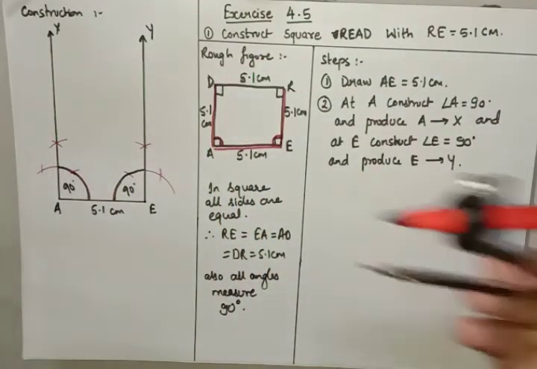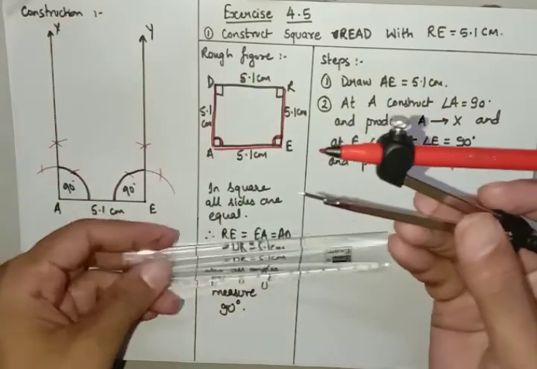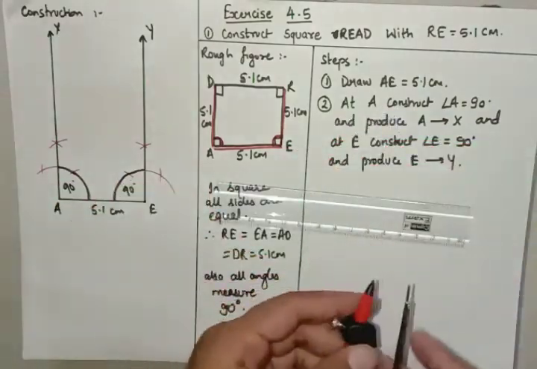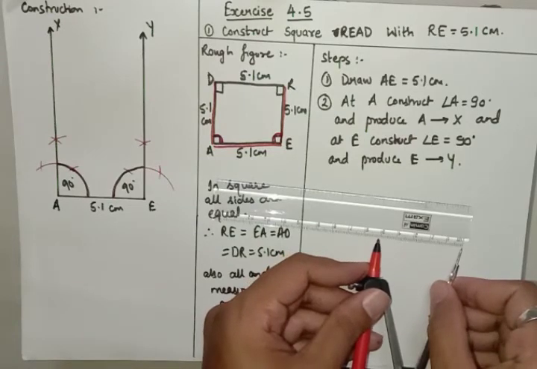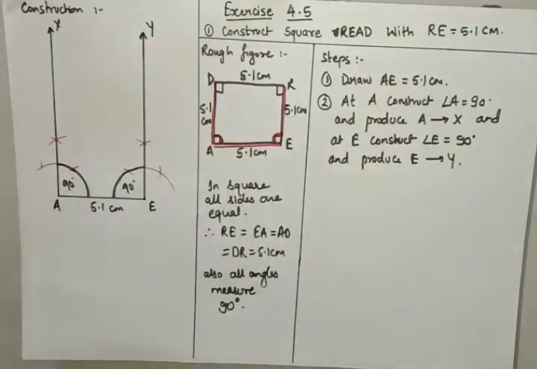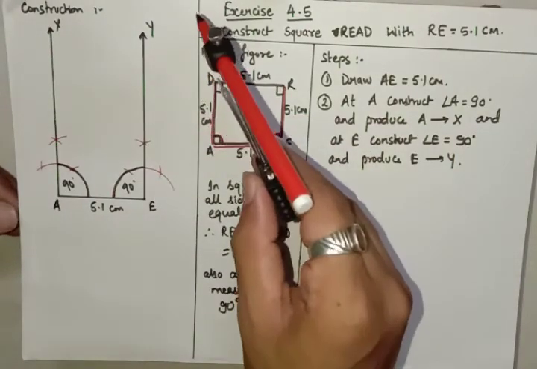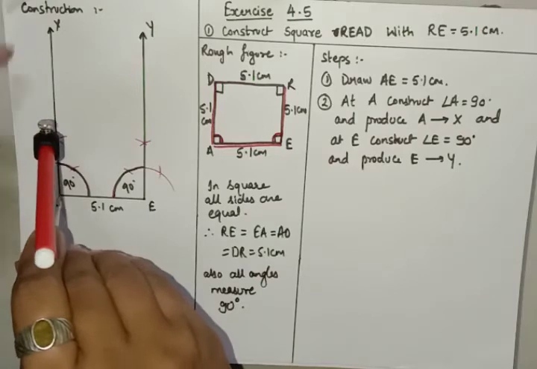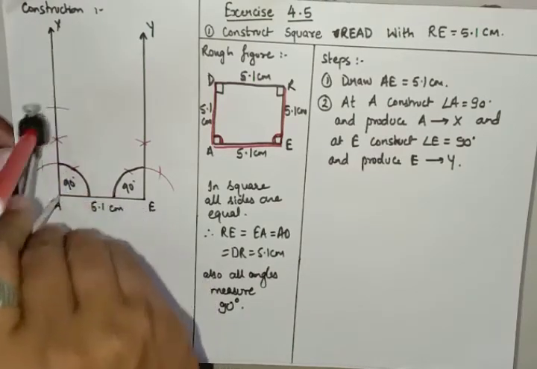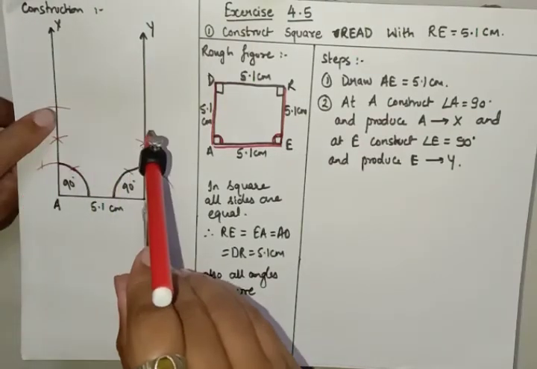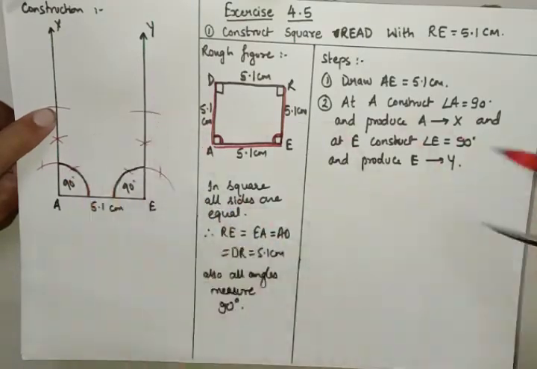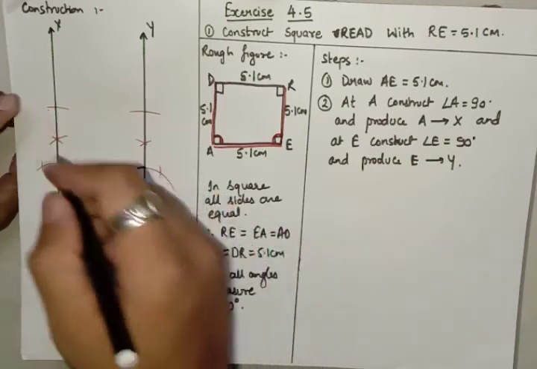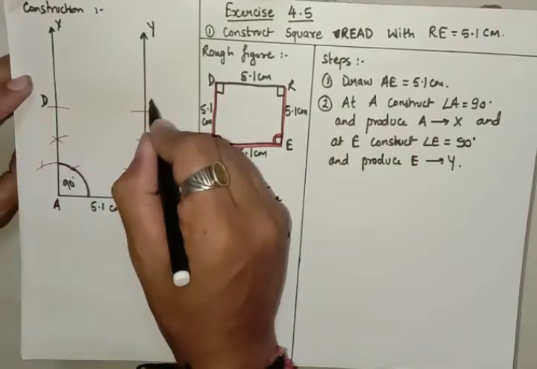How to do it? We have to choose 5.1 centimeter on the compass using the scale, right? So 5.1 centimeter I am taking as arc length. So this is 5.1 centimeter, which I have to cut from A on this AX so as to get point D. So this is point D, and from E on EY so as to get point R. So I have this D point, I have this R point.